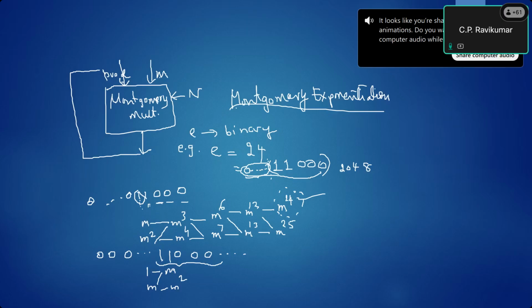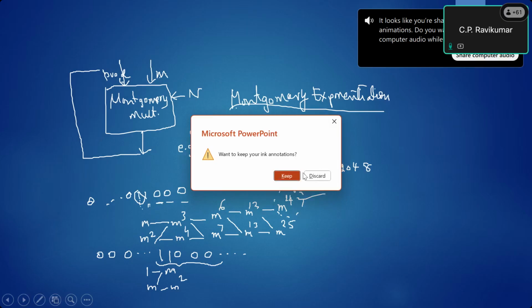So we should be skipping this part. If I want to load m and m square, then after finding the leftmost one, I should not handle this at all. I should come directly to this side. So either one of them had to be done. I have to fix it in one of the two ways.